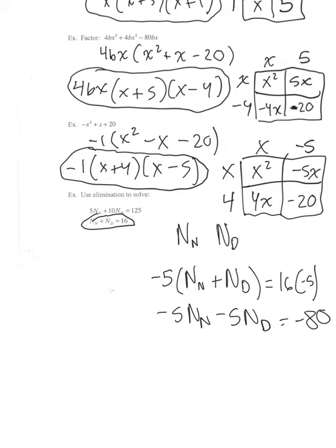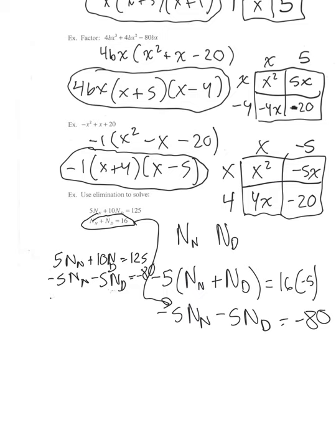So what I'm going to do now is just rewrite both of those equations from my system. The first one we didn't change, so that's there. The second one we did. Remember, we switched this to its equivalent equation down here. So we've got negative 5 n sub n minus 5 n sub d equals negative 80.